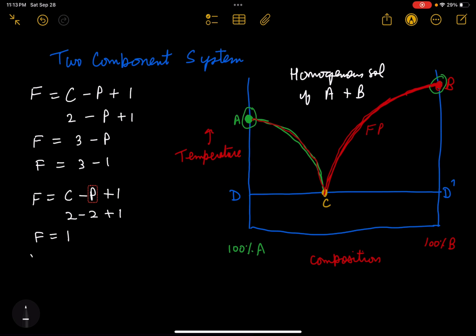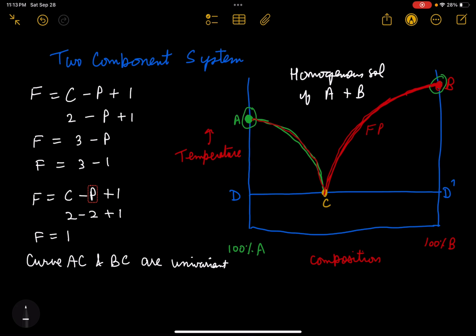So curves AC and BC are univariant. To define the system at these curves, we need a single degree of freedom.